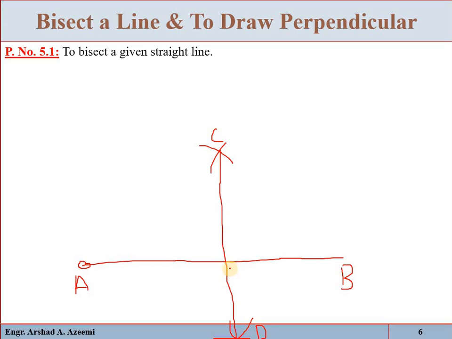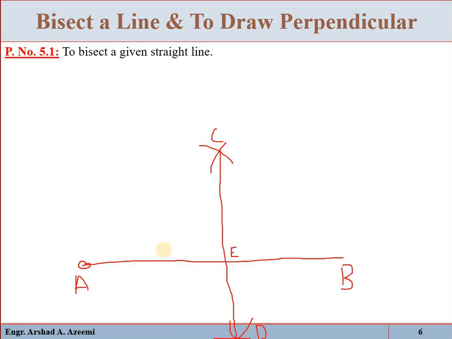Suppose it intersects the line AB at point E. Now AE will be equal to EB, and that will be equal to half of AB. So this is the required bisection of the given line.